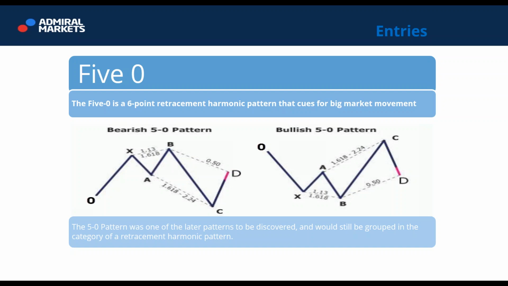Well, it's not always big, but what usually happens after a 5-0 pattern is some sort of retracement. That is important for you to know, guys. Sometimes you will see a 5-0 pattern, and after that you will see a retracement. You don't know how big the retracement will be.